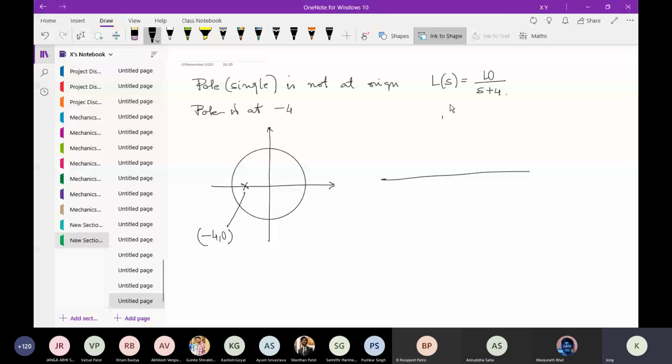Just consider right now as any complex function. Later on, it will take the place of your G(s)H(s).